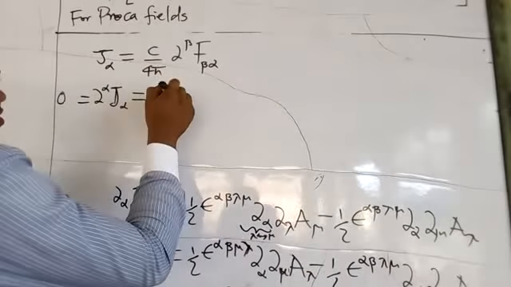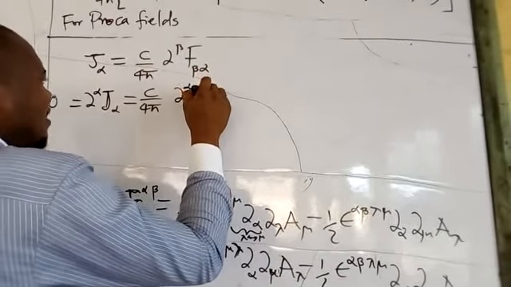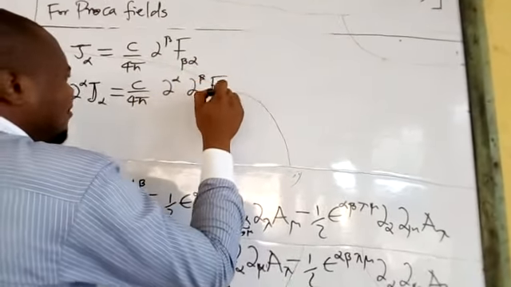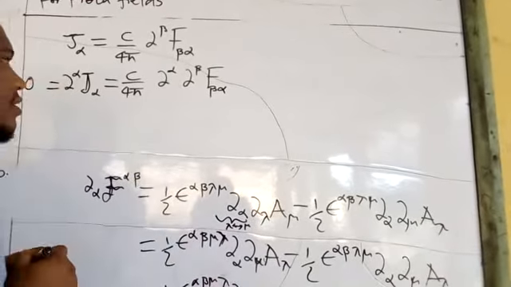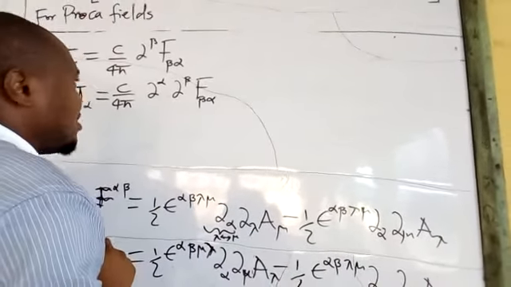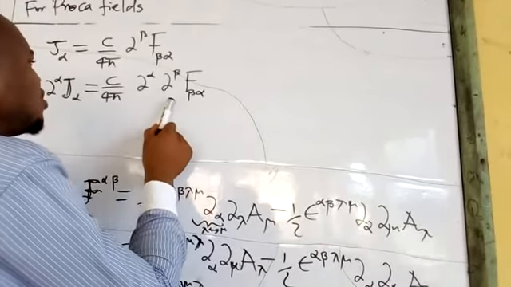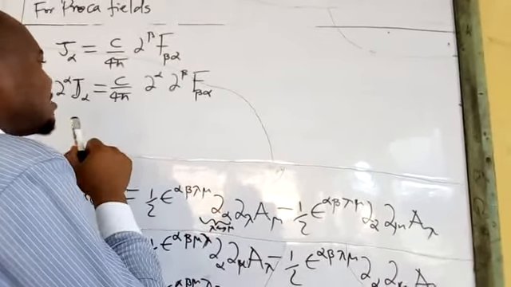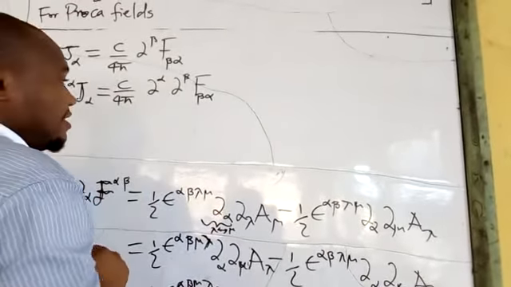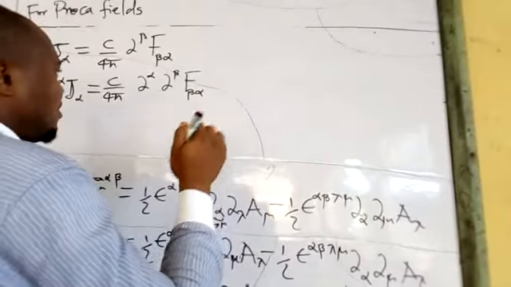You have this to be some c over 4 pi, this is going to be the alpha acting on the beta, F beta alpha. So take note again, this object, the field strength tensor, is antisymmetric with respect to the interchange of beta and alpha. But then again, these two differentials are symmetric with respect to the interchange of alpha and beta. And this should be 0, and of course it is, like we have done before, and like we said, we are going to be using this often.